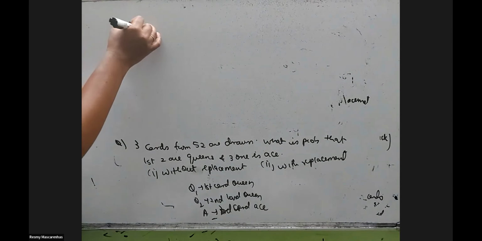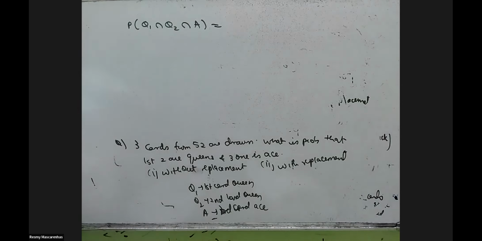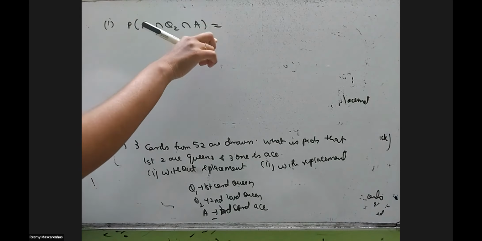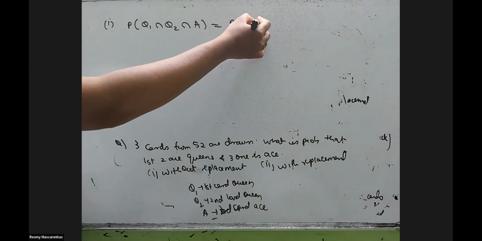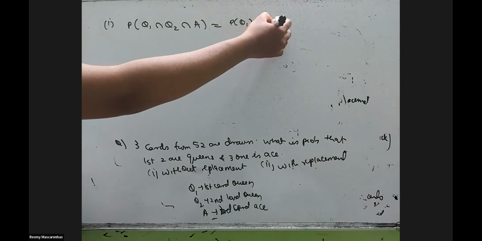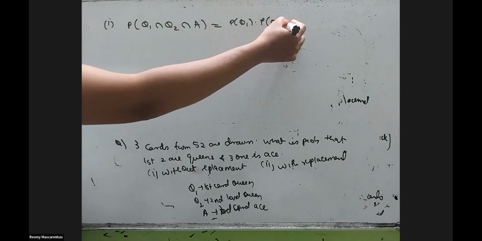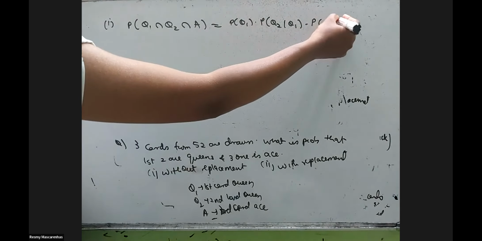Now we have to find the probability of Q1, Q2, and the third one is this. The first time I'm doing without replacement. Without replacement means whatever I remove, I have to keep it at the side. So the first one is Q1, and I'm keeping this card aside after getting a queen. The second card is dependent on the first. The third card is dependent on the first two.